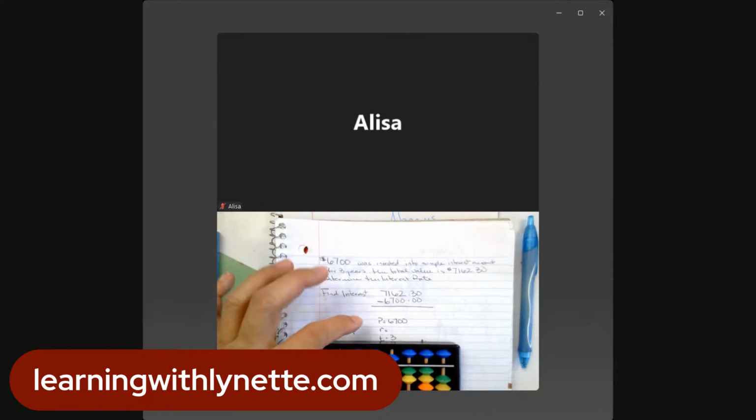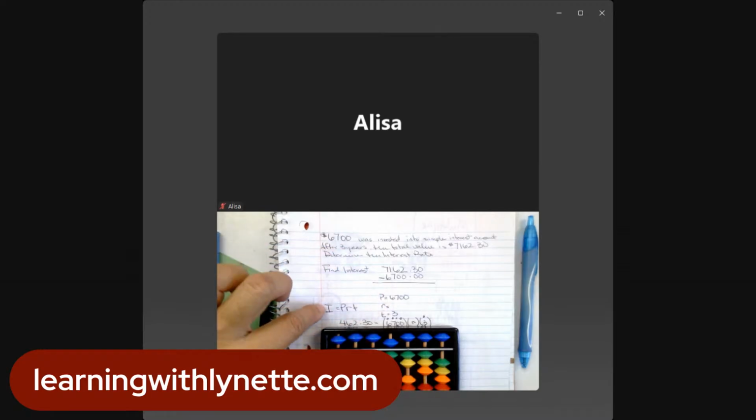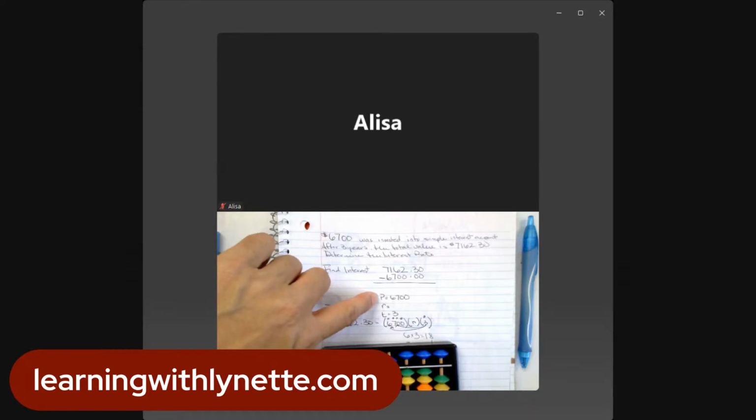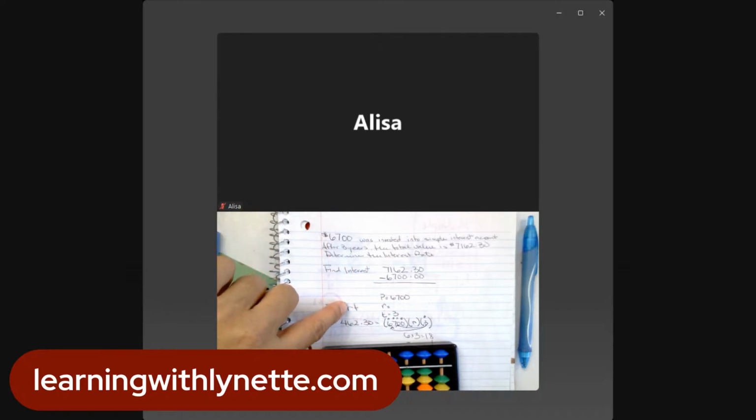Now we need to figure out the interest rate. We know the interest, 462.30, is equal to P times R times T. P is the principal, 6,700. R is what we're trying to find, and T is time, 3 years.